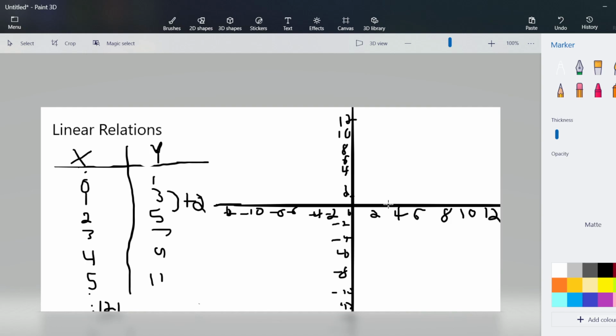When x is 2, y is 5. When x is 3, y is 7. When x is 4, y is 9. When x is 5, y is 11.